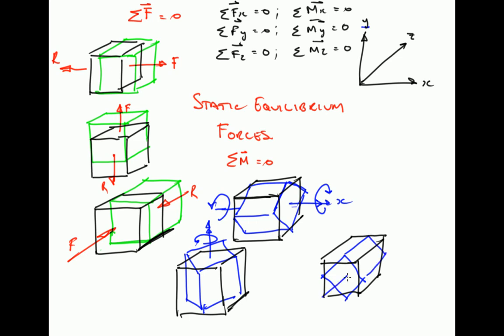So it's had a rotation about that z-axis, again with a double arrow to indicate that. Those are then the 6 three-dimensional vector equations which we need to establish to ensure that we have a body which is in static equilibrium.